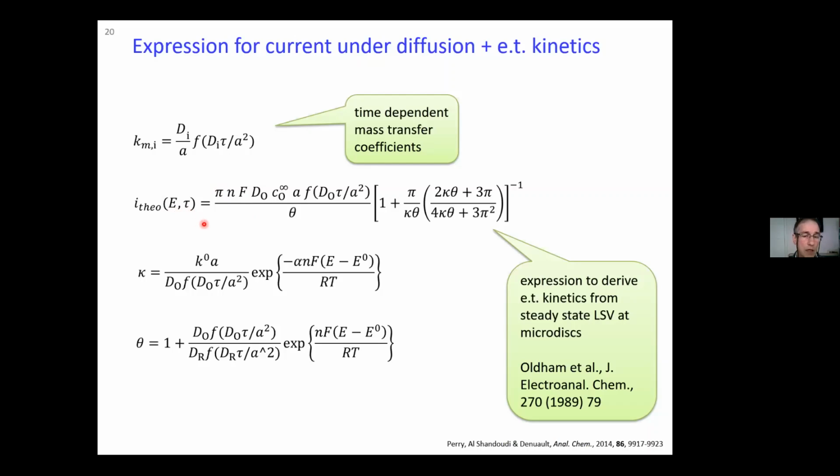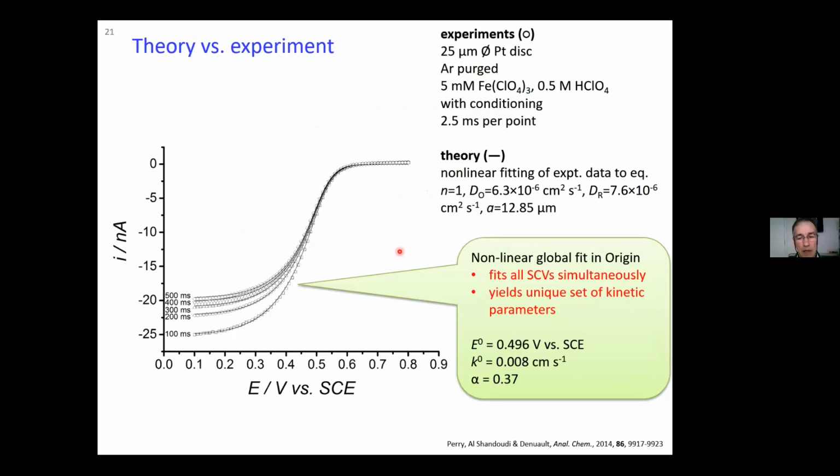So with this, we had the ability to calculate the theoretical sample current voltammogram to compare with the experimental sample current voltammograms. And we did this, and we went further than that. We did a global fit of all sample current voltammograms simultaneously with the theoretical equation.